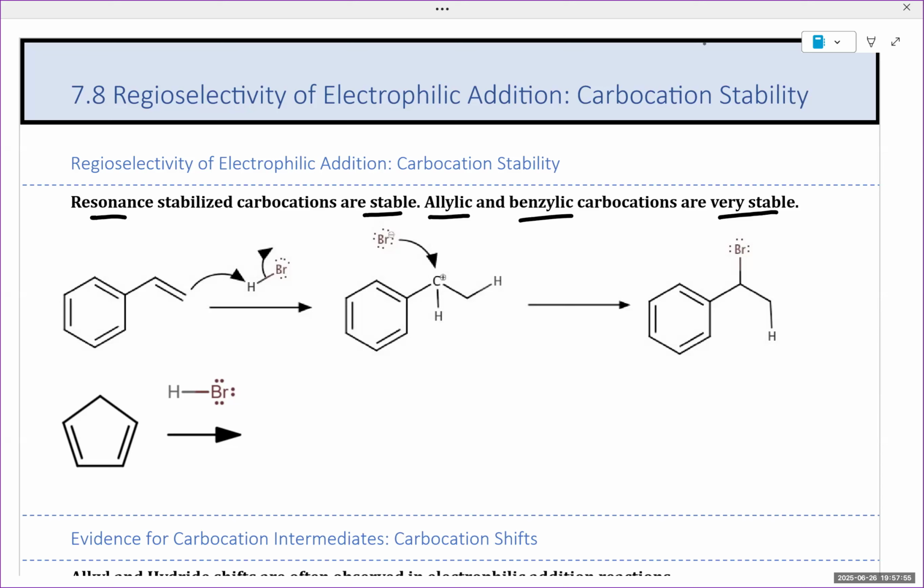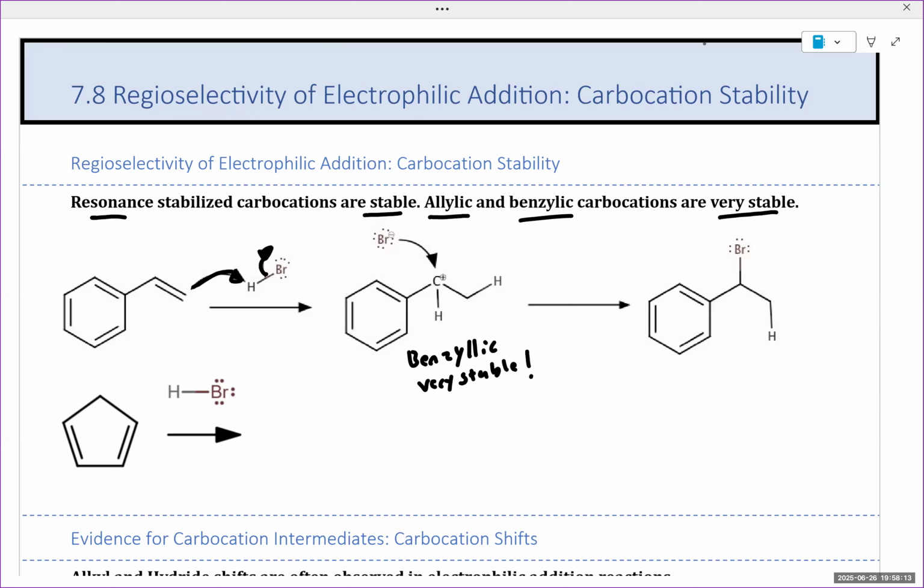This electrophilic addition reaction is quite fast because after protonation of the alkene, we have a carbocation that is benzylic, which means it is very stable.